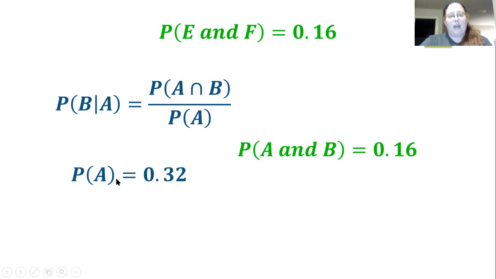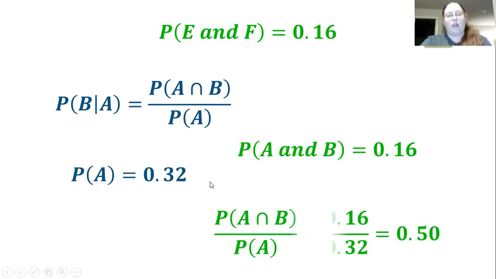And then P(A) is going to equal 0.32, because we're looking at 32 over 100, which as a decimal is 0.32. So you have 0.16 over 0.32, which means that the probability of even given that it is less than 32 is still going to be 0.50, so half of it.